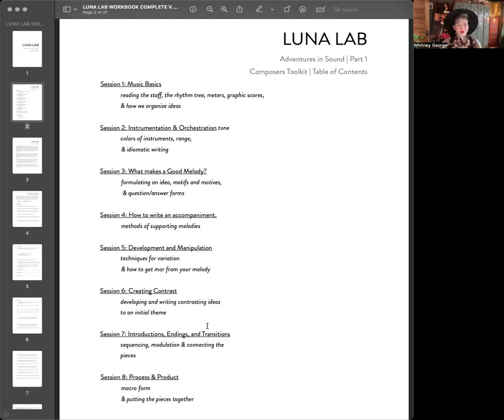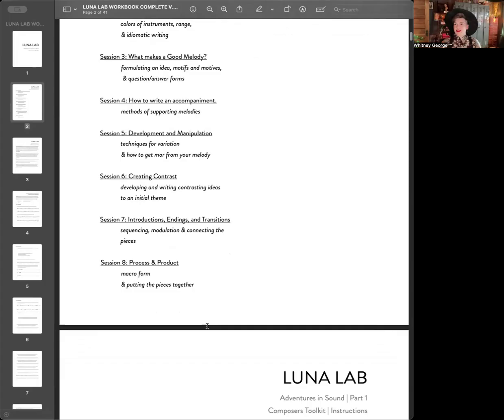So we talk about techniques for development and variation. I'm sure you are all flooded with brilliant ideas, but it happens quite a bit that we get our idea out and then we're not really sure what to do with it. So we talk a good amount about how to develop your ideas. We also talk about how to create contrast. Compositions aren't always just about one singular idea, but multiple ideas.